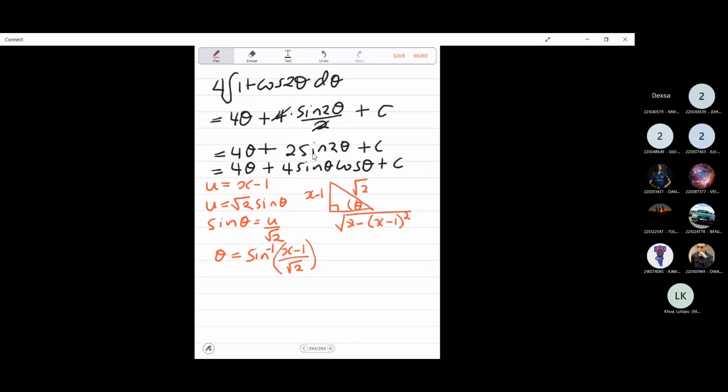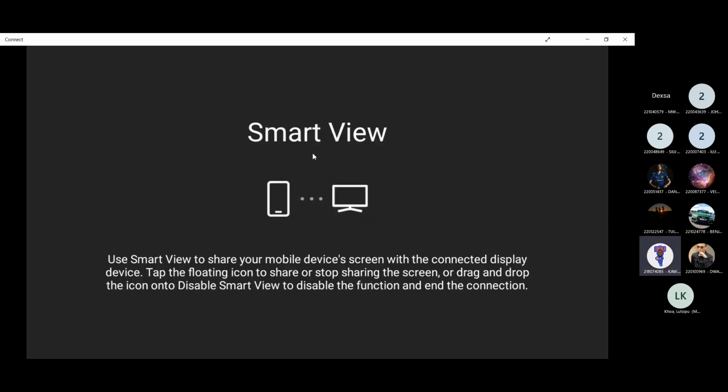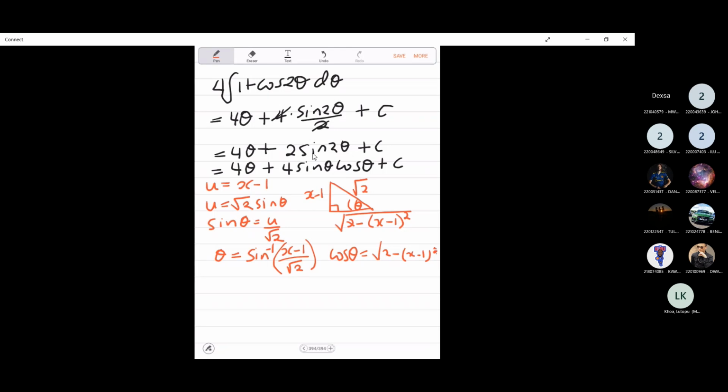Okay, so that means that cos theta is the square root of 2 minus x minus 1 squared. Ooh, sorry. Okay, it's back now. We're almost done. Okay, and cos theta is the adjacent over the hypotenuse, and because they're both square root, you can include them under the square root or it'll cancel with this one here.